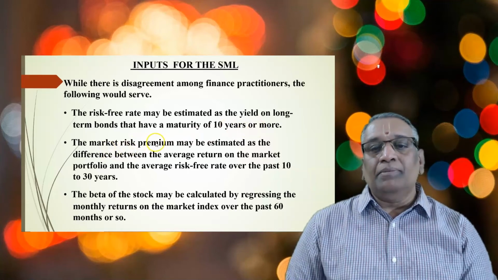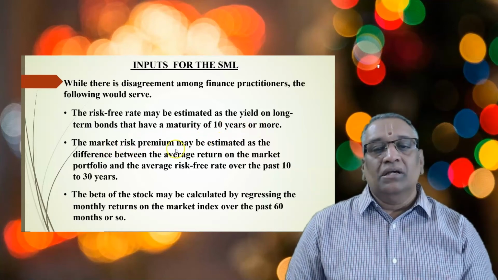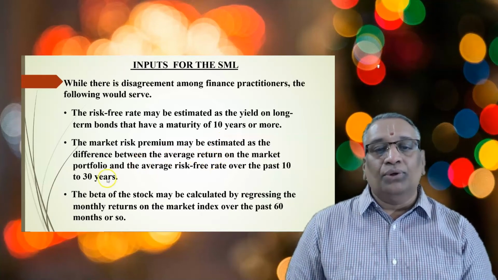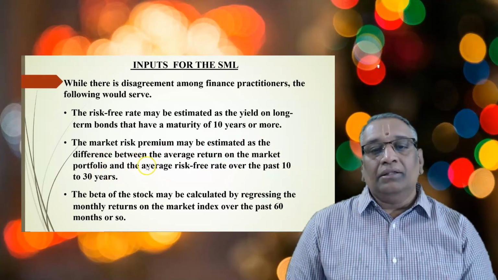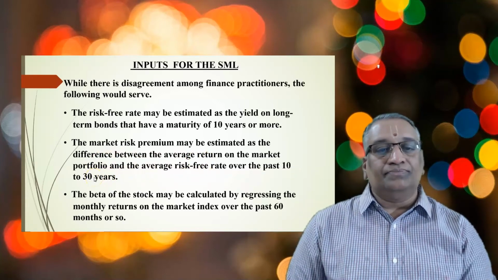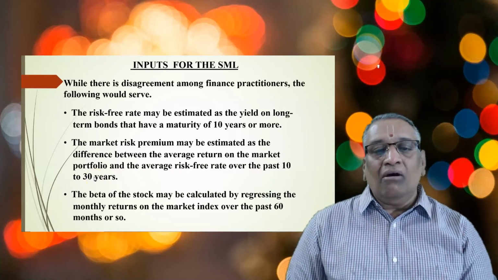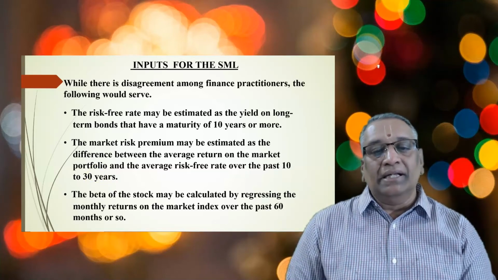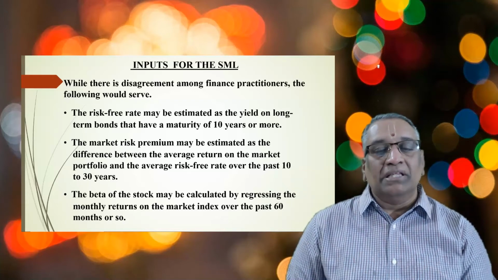The market risk premium may be estimated as the difference between the average return on the market portfolio and the average risk-free rate over the past 10 to 30 years. The beta of the stock may be calculated by regressing the monthly returns on the market index over the past 60 months or so.